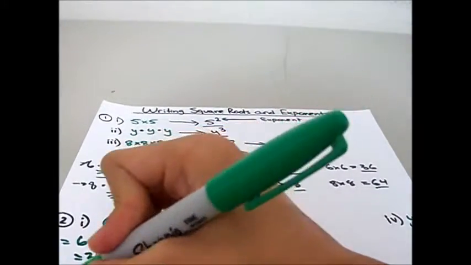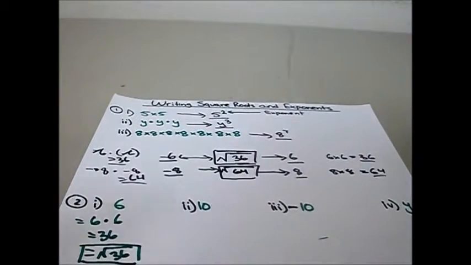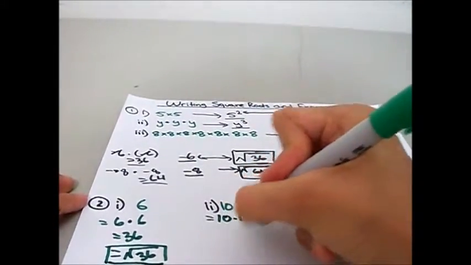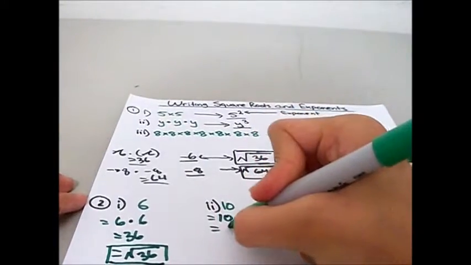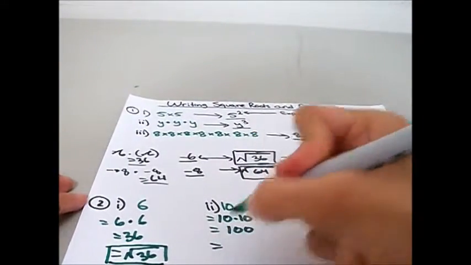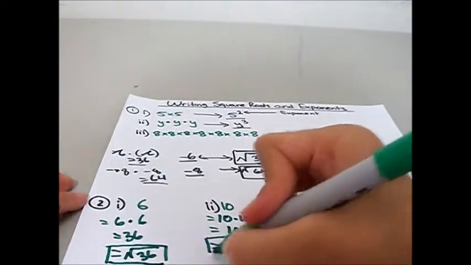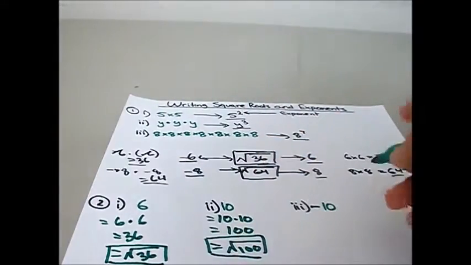So the final answer is the square root of 36. Our second one is 10. Multiply 10 by itself gives us 100, and write it in our square root sign. So that's equal to the square root of 100.